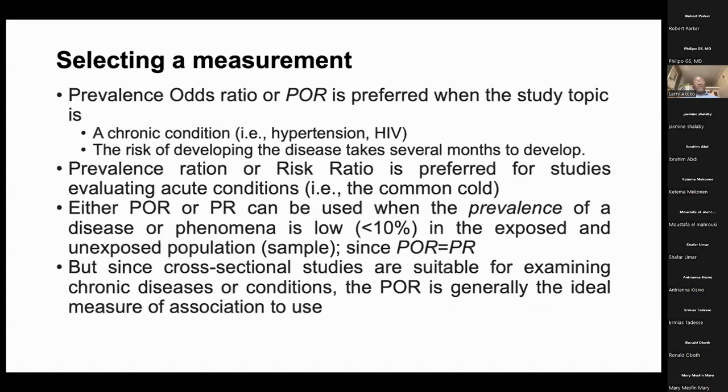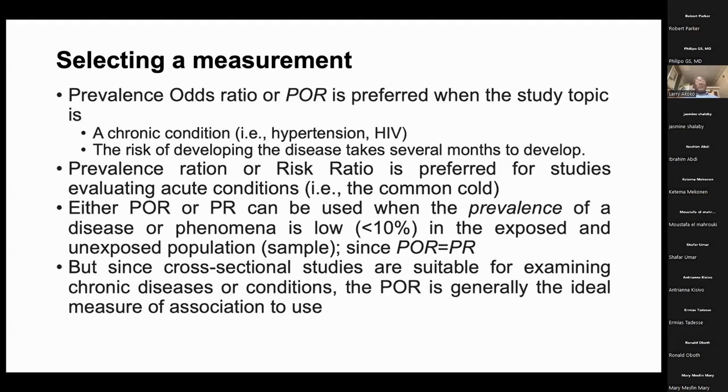So we have seen 2 measurements, prevalence odds ratio and prevalence ratio. And so you are wondering whether you require to do all measurements or you do one over the other. And I've always had problems until recently that I realized that you don't need to do both.